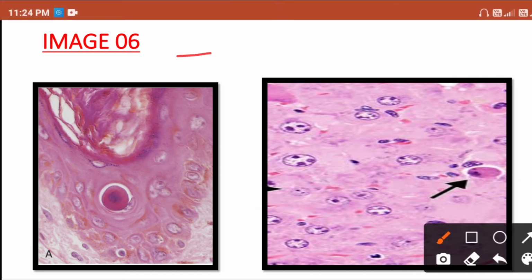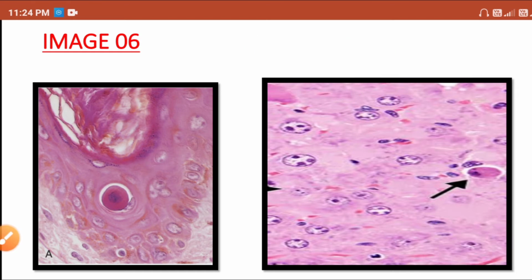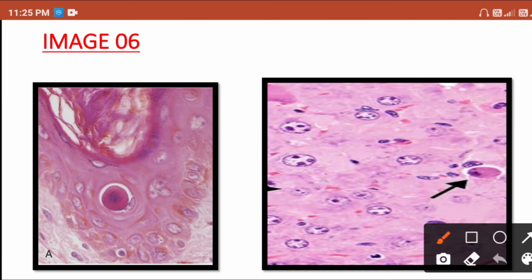So two important features are chromatin condensation and eosinophilic cytoplasm, and cell shrinkage is also observed. So it is the example of apoptosis. So these two cells are apoptotic bodies.